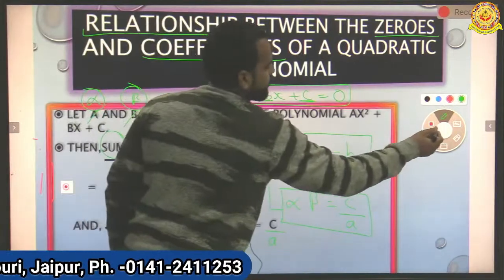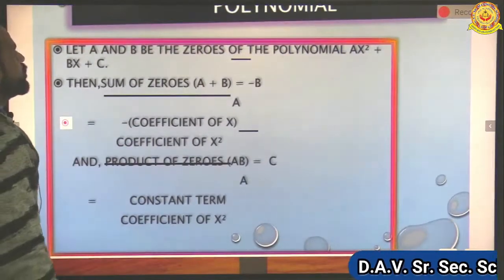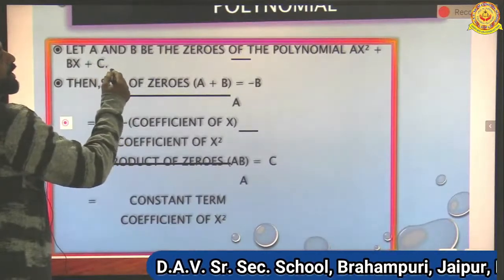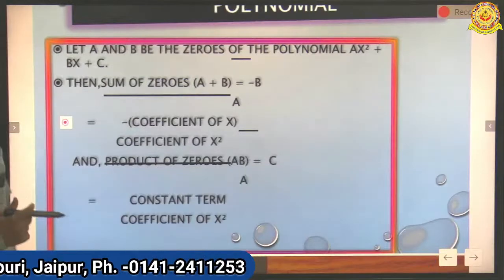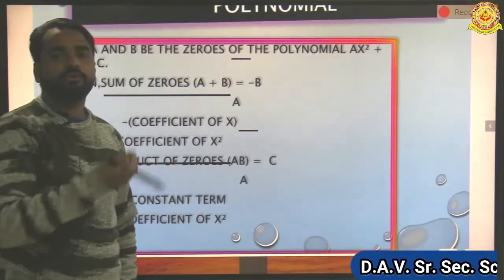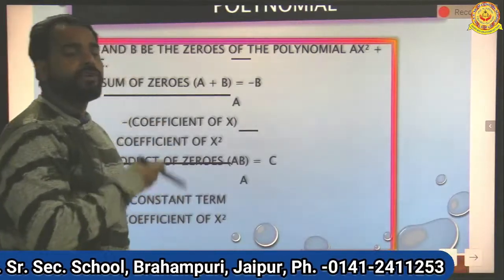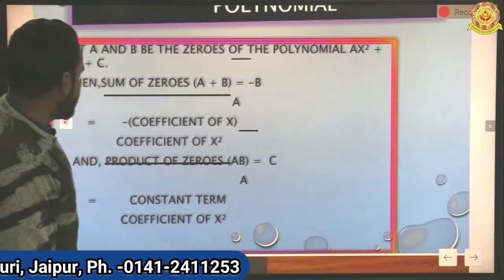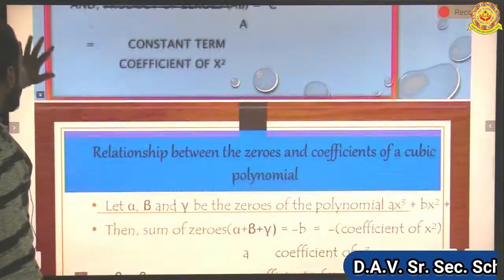Clear? This is really very important. So if any algebraic equation ax square plus bx plus c is equal to 0, the relationships between the zeros and the coefficients are: alpha plus beta is minus b upon a, and alpha into beta is c upon a. Okay, now we should move on to the next slide.